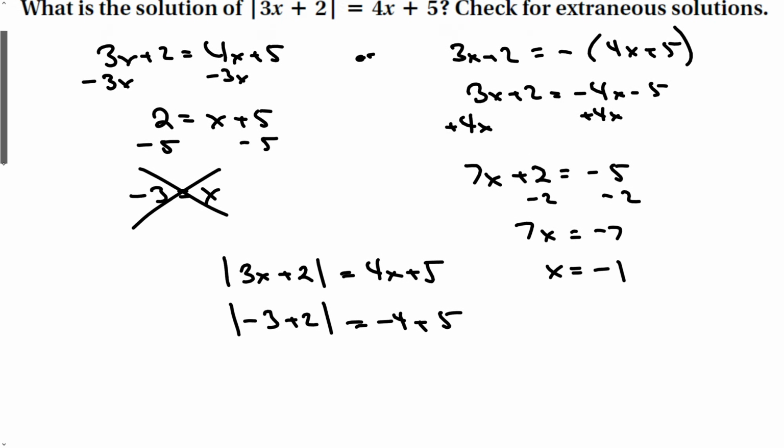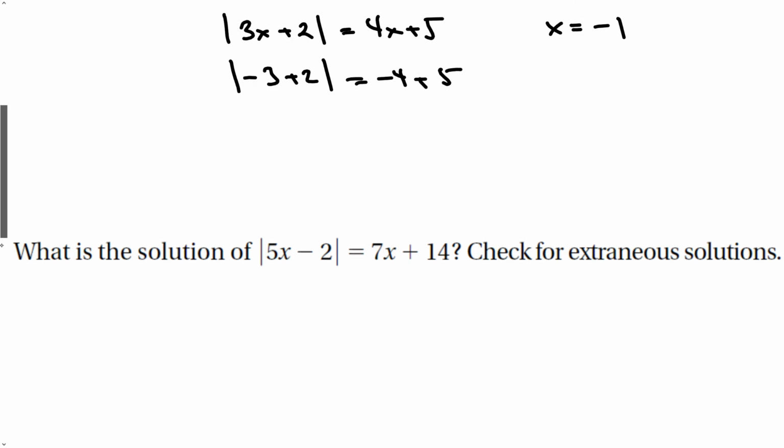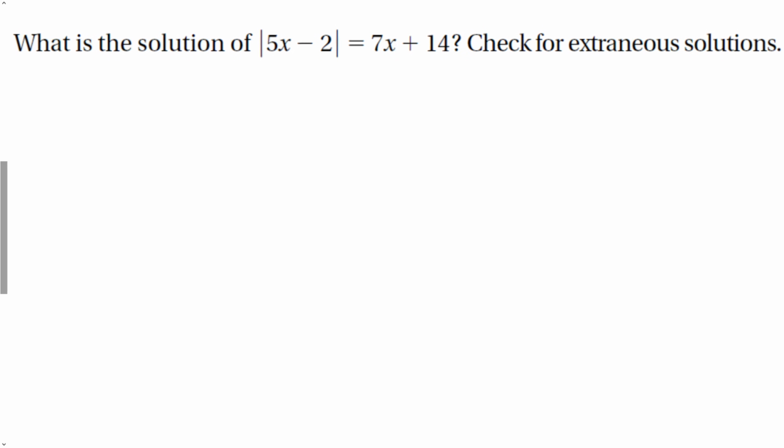All right. Let's try our got it problem. And same idea. So we say that 5x minus 2 is equal to 7x plus 14, and 5x minus 2 is equal to a negative 7x minus 14.